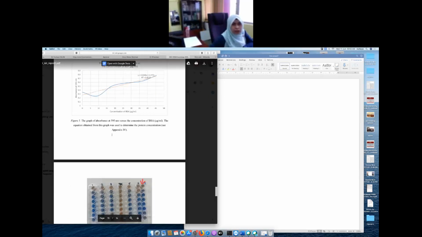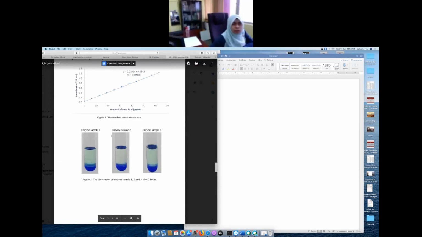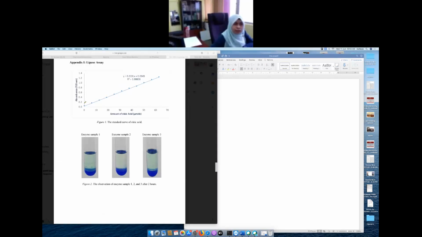Now we have the reading here, 0.1255. If we go directly to this 0.1255 on the graph, it is supposed to be here. We go down, and this will be our x value. It should be less than 10.